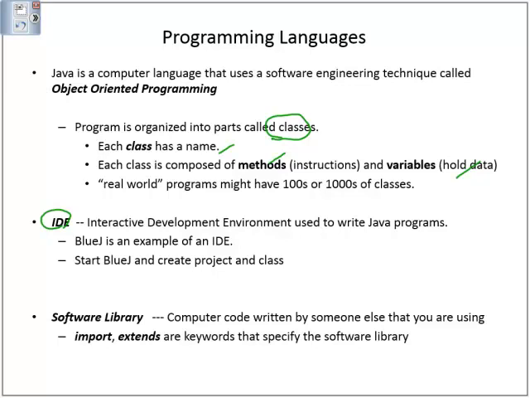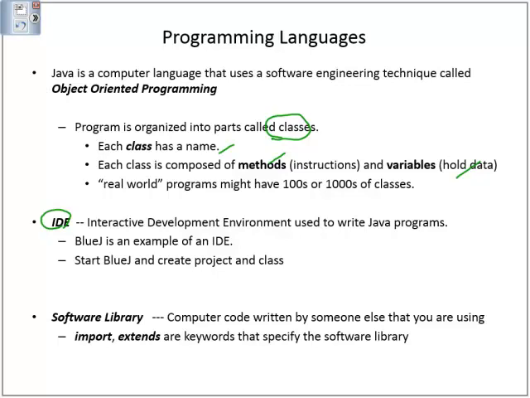It takes the compiler, the editor, and something called a debugger, which programmers use, and combines them into one nice window interface. So you can compile things, edit things, and debug things rather quickly. I'll show you how to use BlueJ in a little bit.